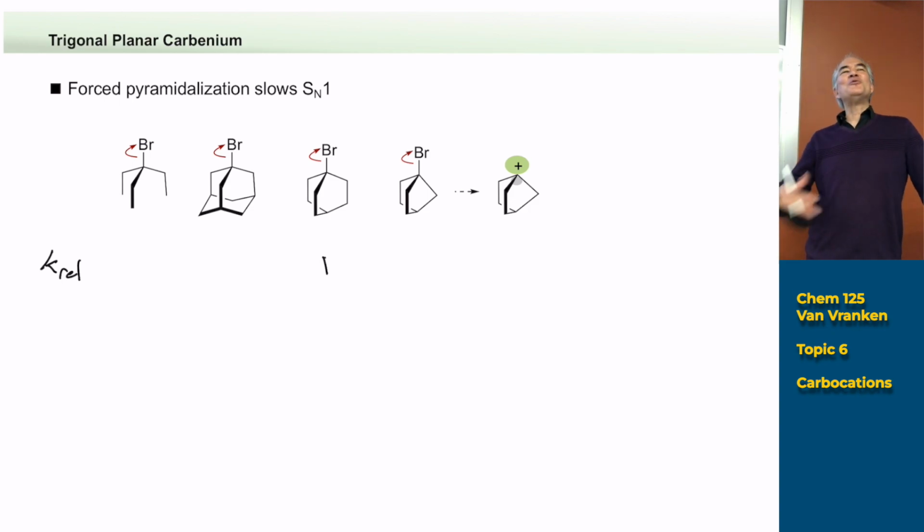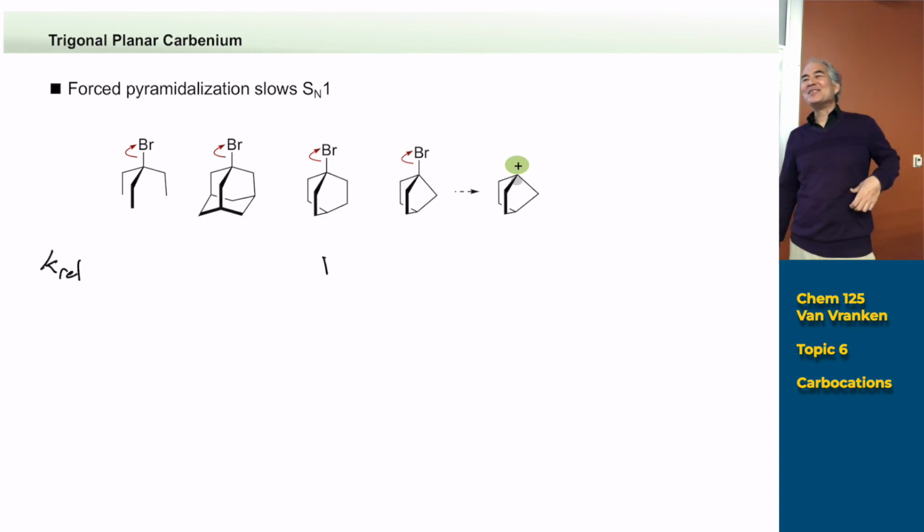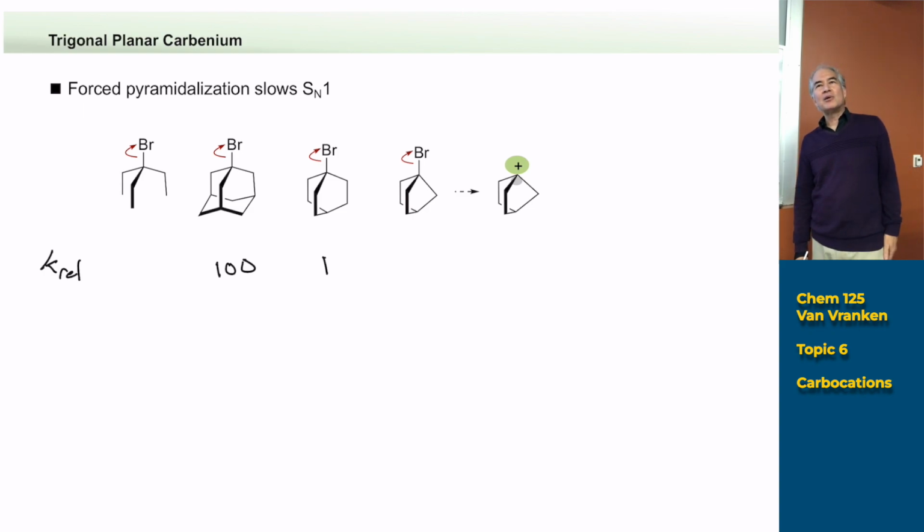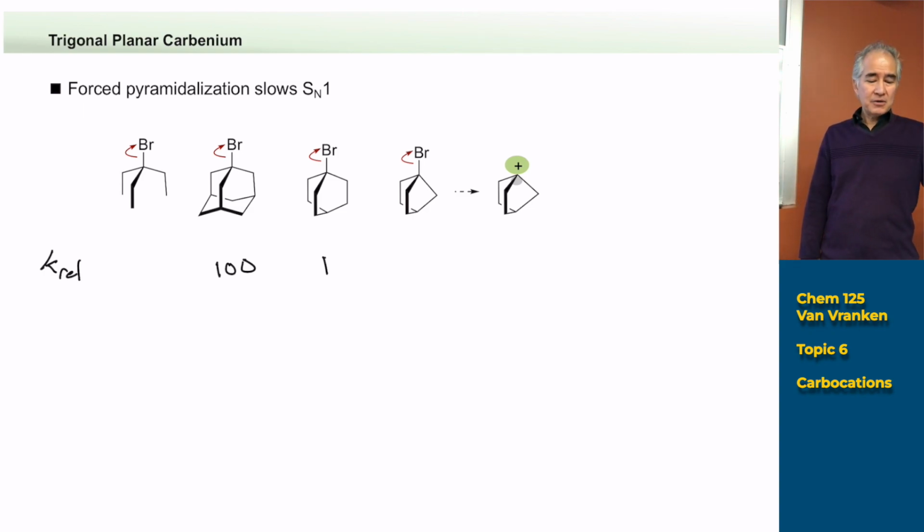It's a bicyclo[2.2.2] system. You don't need to know the actual name. For that tertiary alkyl bromide in the middle, this one over here is 100 times faster. This is called an adamantyl ring system. So adamantyl bromide ionizes 100 times faster. They both give tertiary carbocations, carbenium ions, but this adamantyl system is 100 times faster.